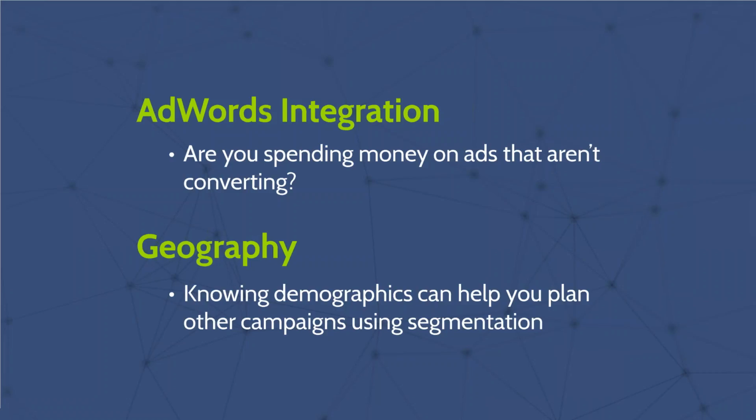And at the end of the day, you can see which keywords, which campaigns, which ads are performing the best, and then that'll help you justify and understand where you need to be spending that money and how you can reallocate those resources.